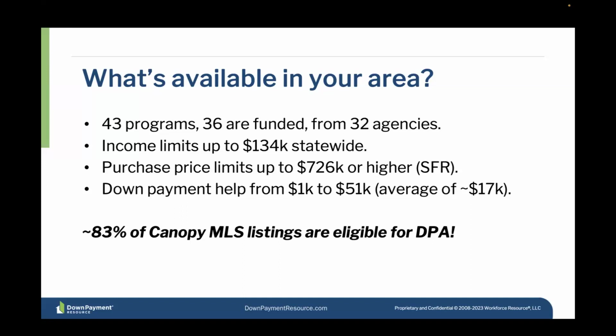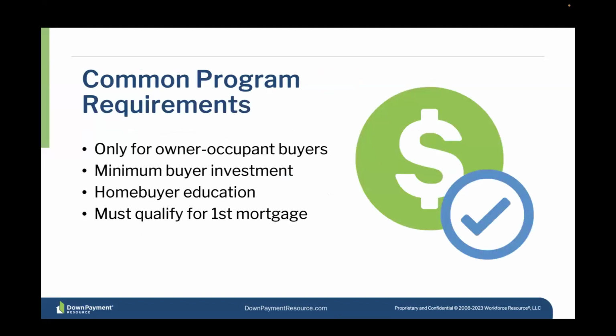Turns out we ran the first full inventory eligibility process yesterday and found that 83% of Canopy MLS residential on-market listings are eligible for down payment assistance, meaning you will see this down payment button on 83% of your inventory as of today, and that number typically will remain pretty consistent barring some wild changes to the actual programs that would open the door to even more eligible buyers or properties.